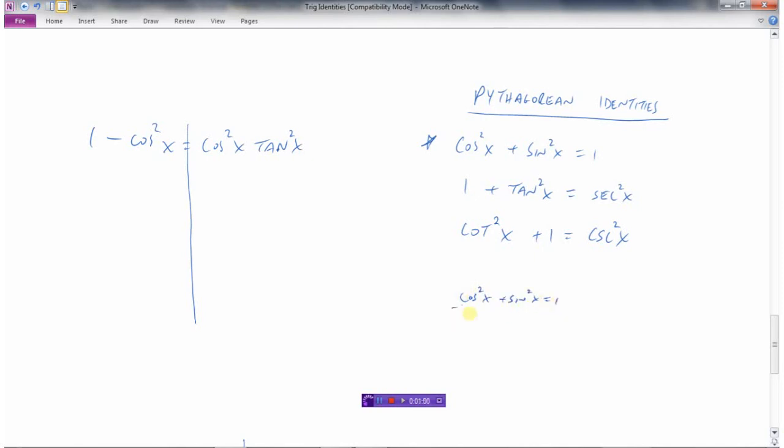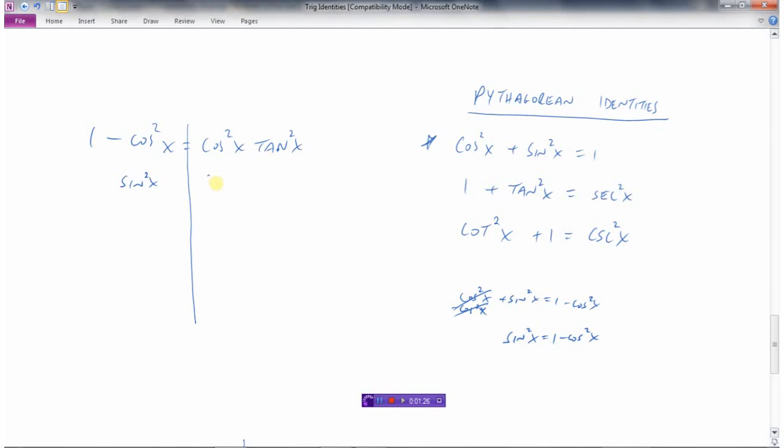So if I minus cos squared x from both sides, gone, this identity would now look like this. And so 1 minus cos squared x is sine squared x. So I can say on the left side that 1 minus cos squared is sine squared x from this identity.